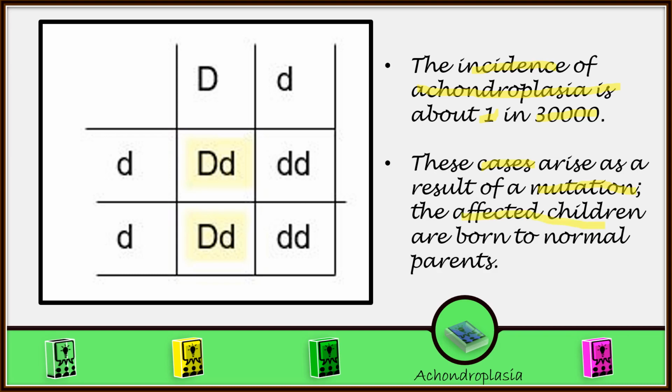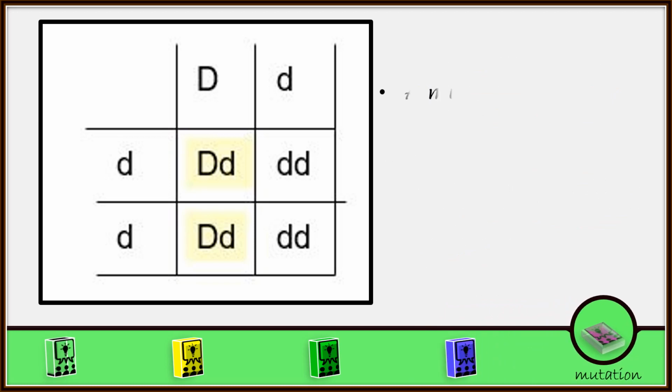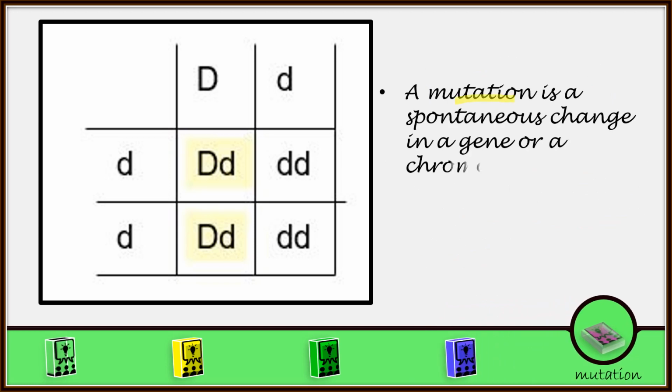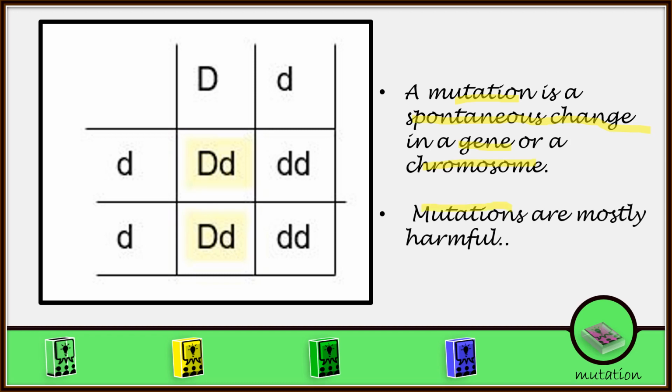The affected children are born to normal parents, but it is a result of mutation. A mutation is a spontaneous change in a gene or in a chromosome. Mutations are almost always harmful.